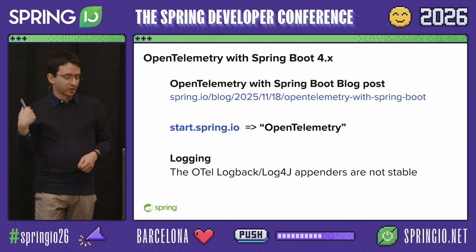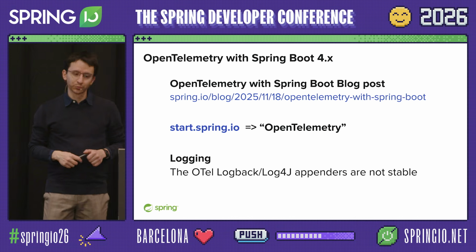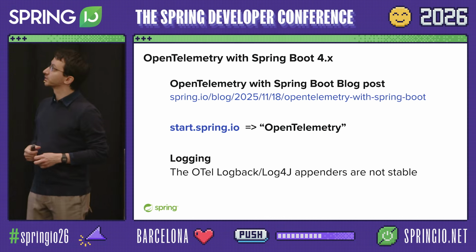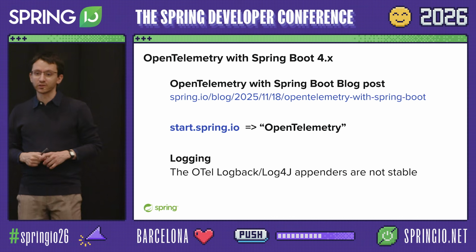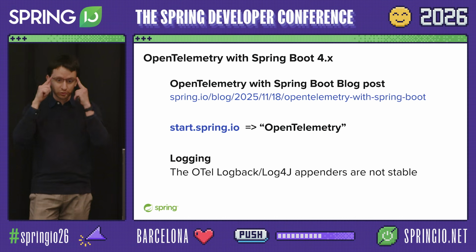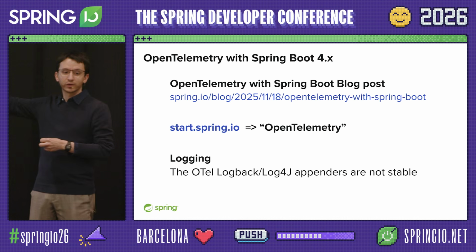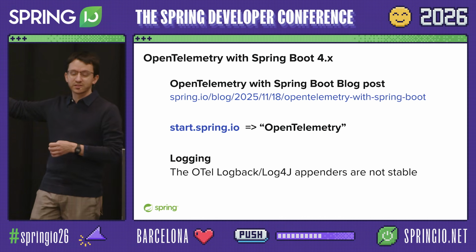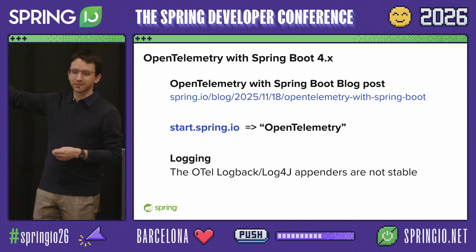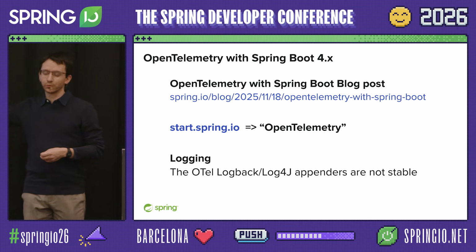If you want to learn a little bit more about OpenTelemetry and Spring Boot 4, there is a very nice blog post, OpenTelemetry with Spring Boot. It's on the Spring.io blog, written by our colleague Moritz. Also, if you don't want to memorize these dependencies because you are not Josh Long, then you can just go to start.spring.io and start typing OpenTelemetry or Zipkin or whatever.